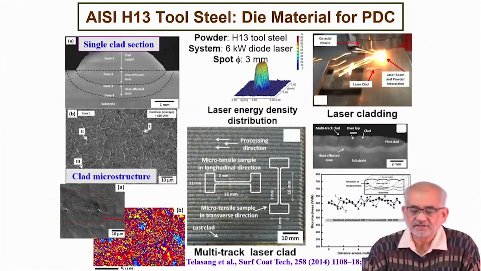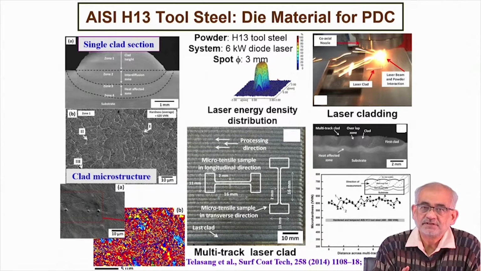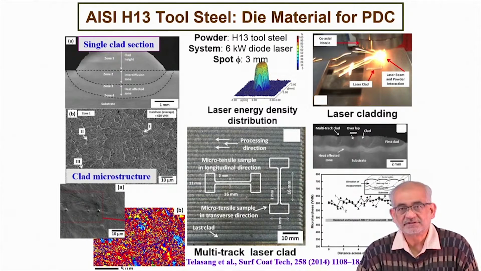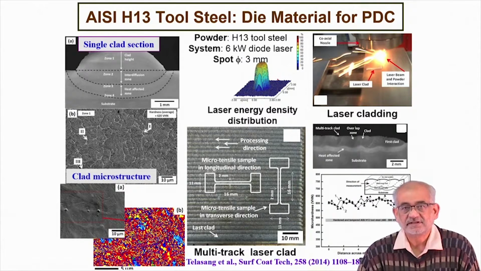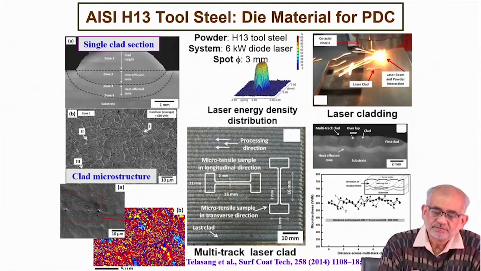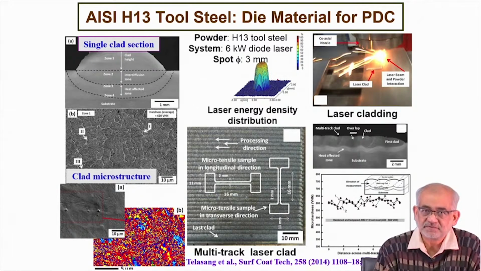But here we are talking about a different example where, for example, imagine a particular tool, maybe a roll or a shear blade or some other manufacturing device, that undergoes a heavy amount of wear because of certain working conditions. If the whole component is very expensive, then you don't feel like throwing it away and replacing it overnight.